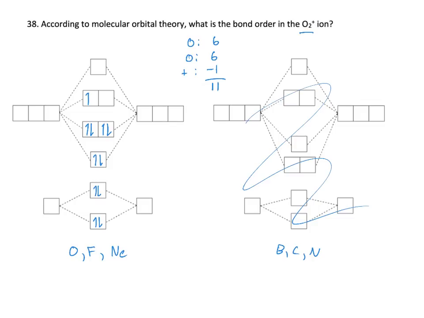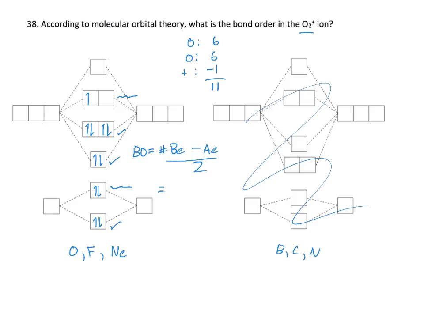It wants to know the bond order, which is the number of electrons in bonding MOs, let's call them bonding electrons, minus the number of anti-bonding electrons, over 2. So this one is a bonding orbital, this one is a bonding orbital, and this one is a bonding orbital. This one and this one are anti-bonding orbitals.